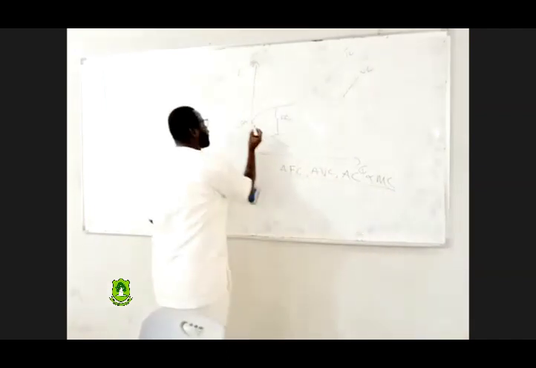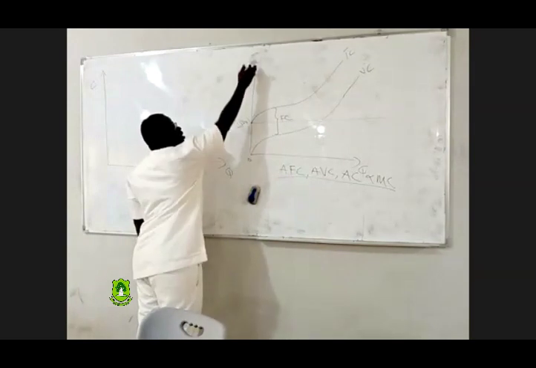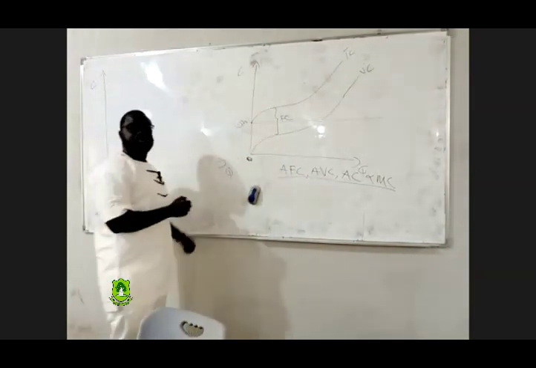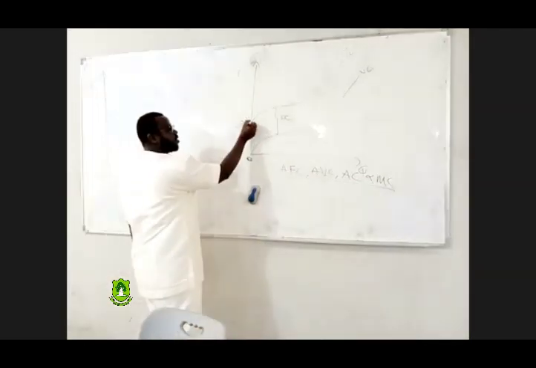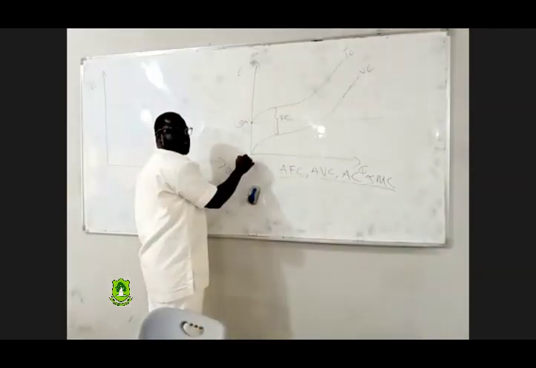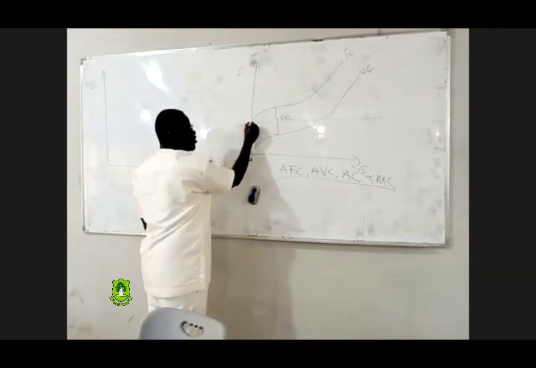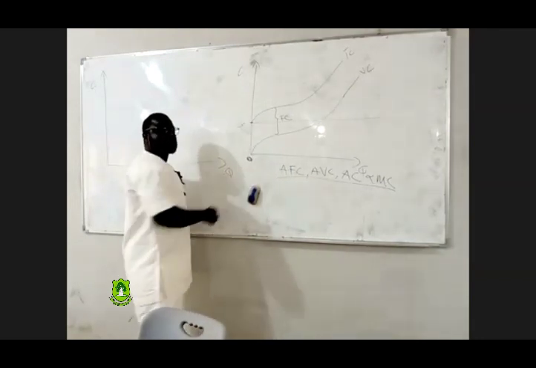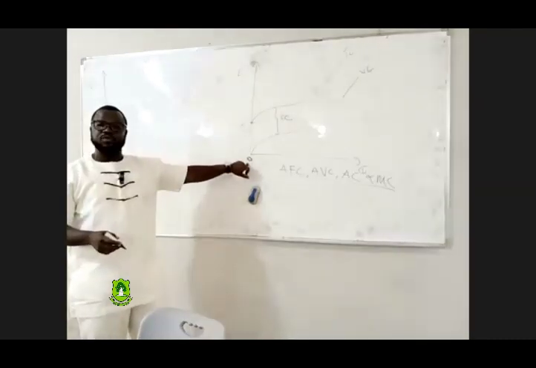No, because it's starting from somewhere on the axis at zero output. It is starting somewhere on the cost curve. You are already incurring a cost somewhere, but output is what? 0. And what cost will you incur when output is 0?